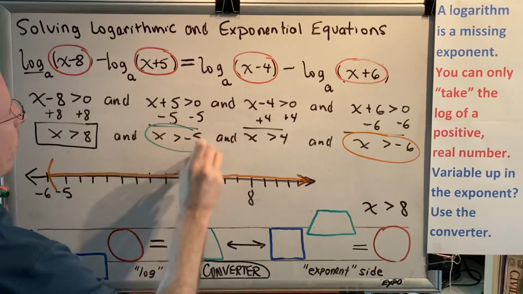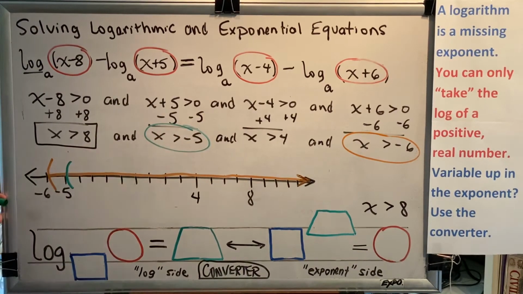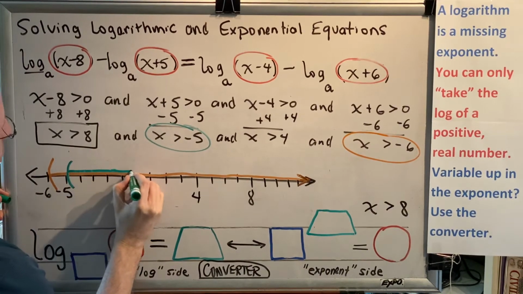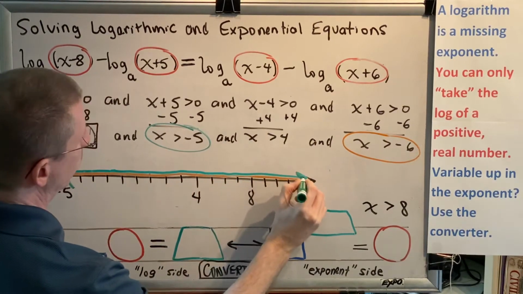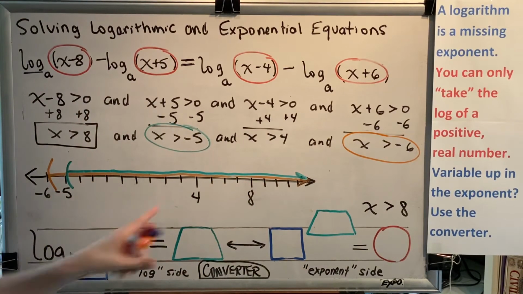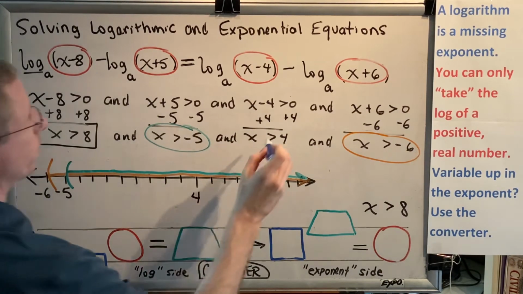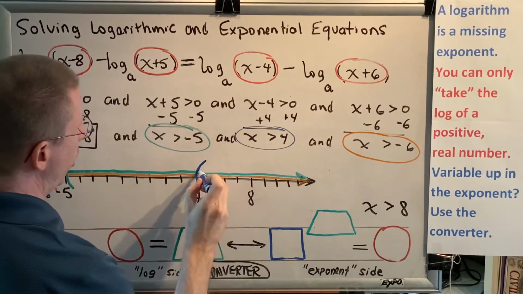If x is greater than negative 5, then the graph would look like this. A parenthesis at negative 5 and greater than is to the right. So that would be every number that's to the right of negative 5. And if I do the next one, 4, I'll do that one in blue. That would be a parenthesis at 4 and shading to the right.